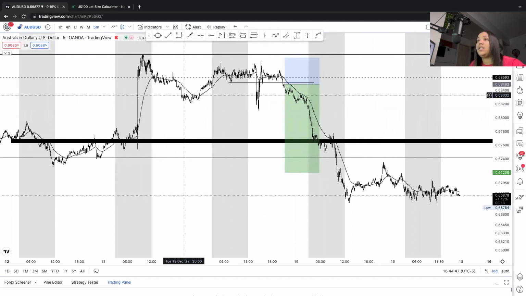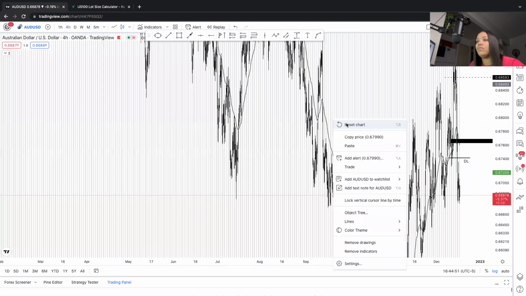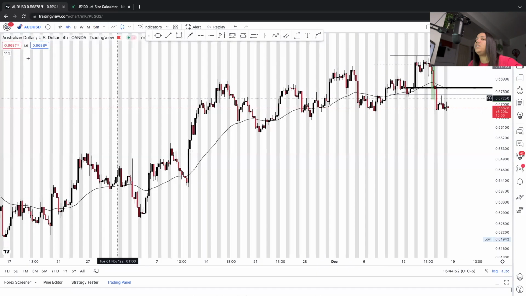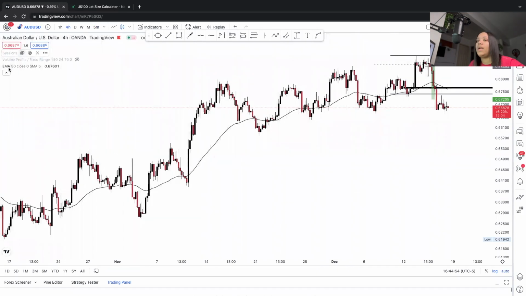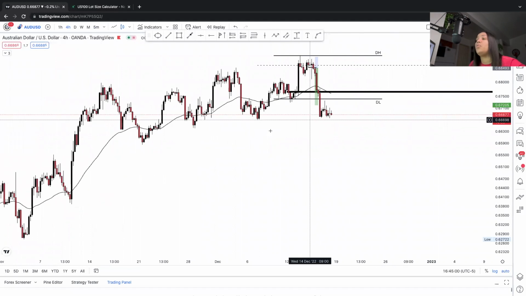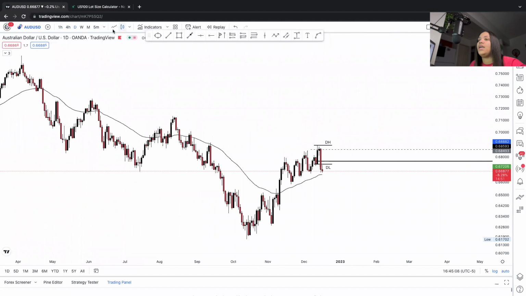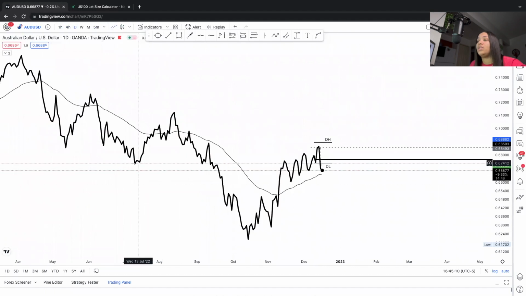As y'all can see, price has even smashed past the daily low, which is actually a good thing, because let me take these off. It went past the daily low, which means it has created a new low. If we go up to a daily time frame and switch to a line chart, we can see that price is crossing below.